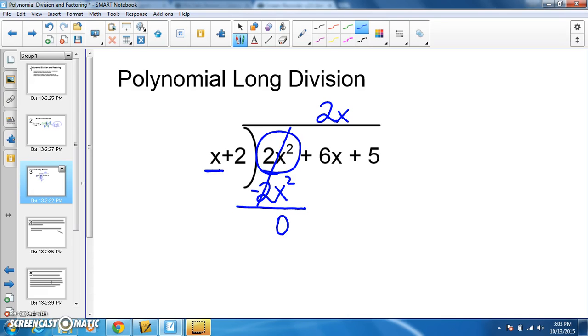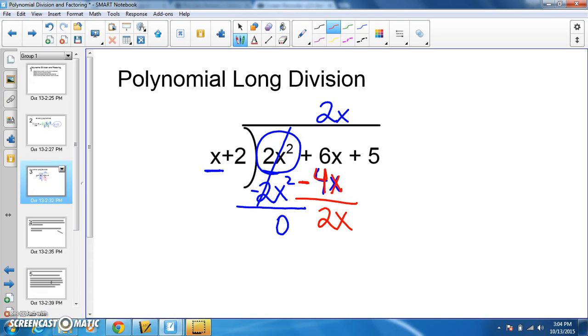We then multiply 2x times 2, which is 4x, and subtract it. So 6x minus 4x is equal to 2x.